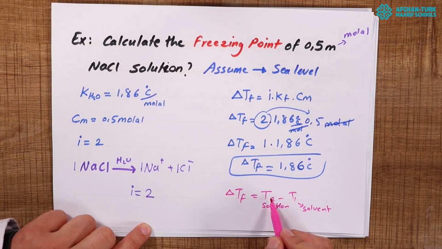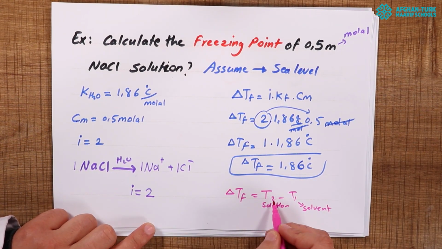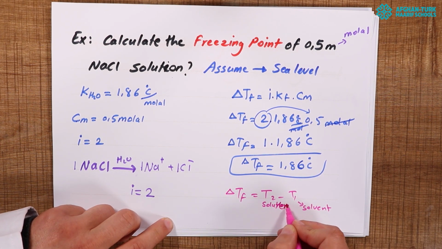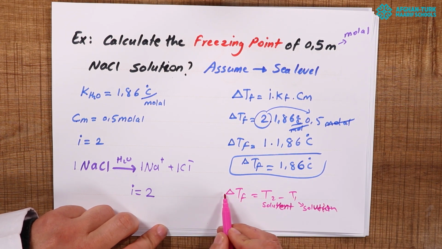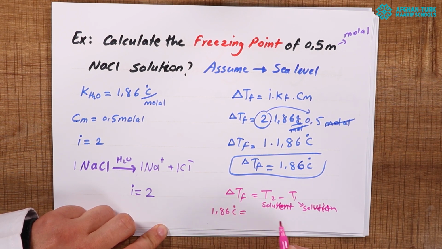The question asks us to find the freezing point of the solution. ΔT is equal to T2 minus T1. T2 shows the temperature of the solvent, and T1 shows the solution. The value of ΔTf is 1.86 °C, which is equal to the freezing point of the solvent at sea level, 0 °C, minus T1.